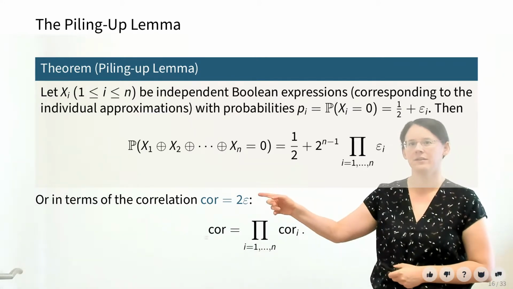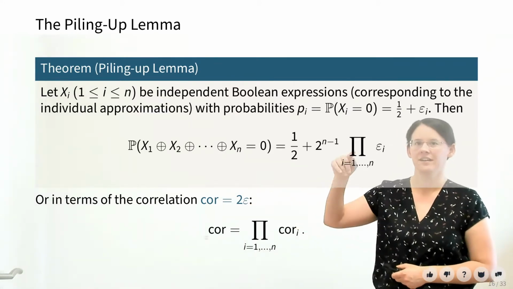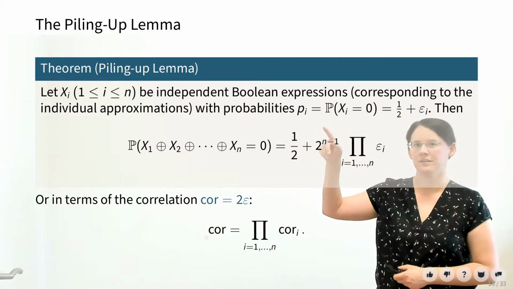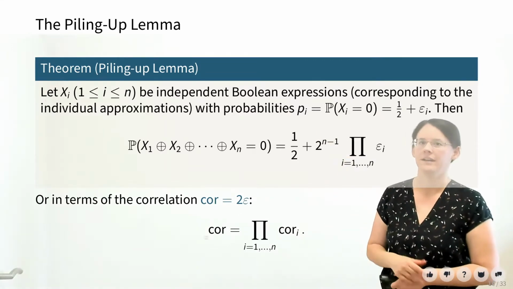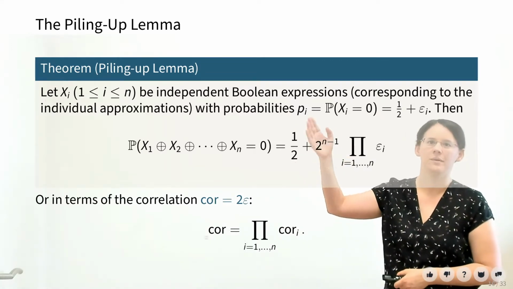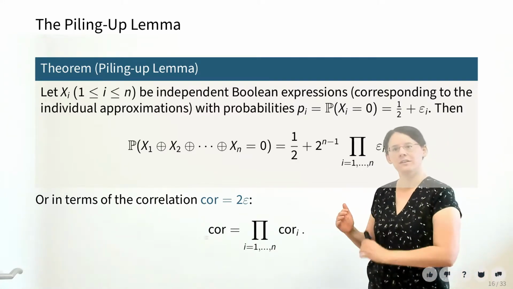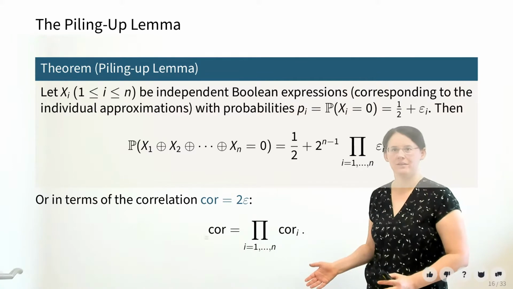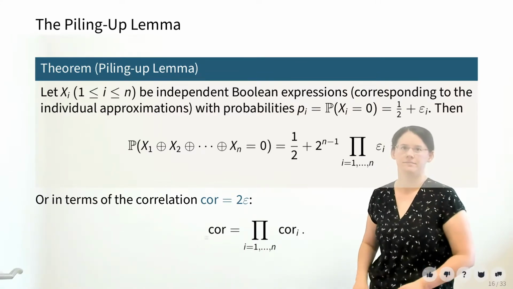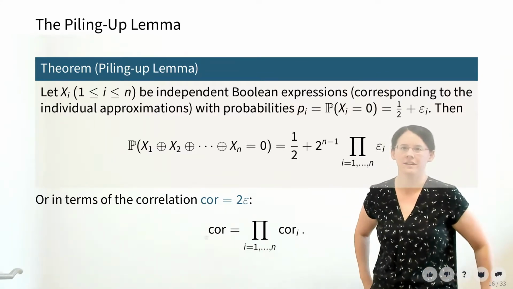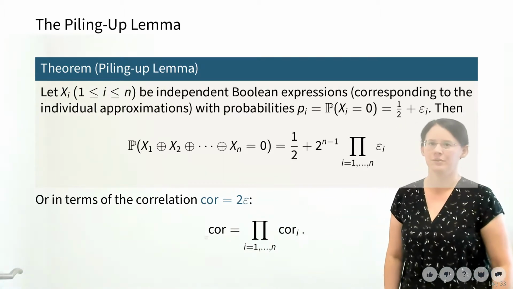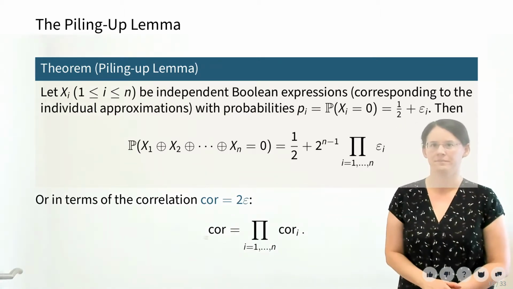So by having this factor of 2 already in the bias here, I get rid of this extra term here, and I also don't need to write down this probability-oriented 1/2 thing. So in total, if I know the individual correlations, just multiply them together and I get the full correlation. So this is why the correlation is often what you want to use if you look at the full cipher.